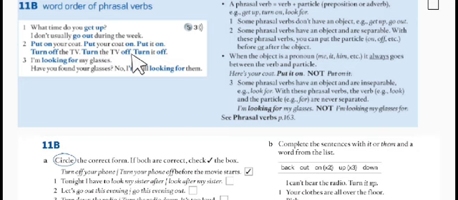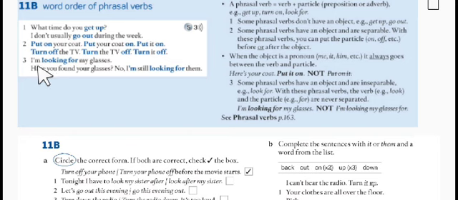Turn the TV off, turn it off. So here we have pronouns, so we can't use it in a different mode. We have to separate the phrasal verb.